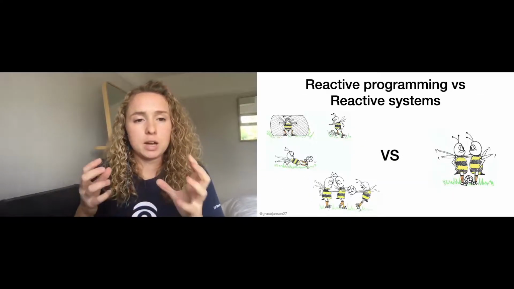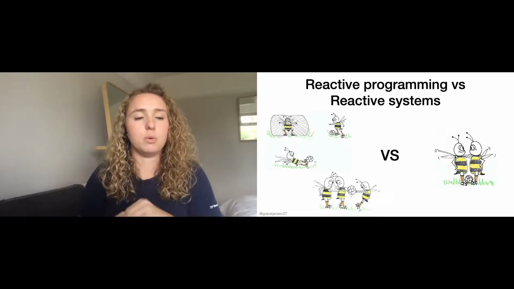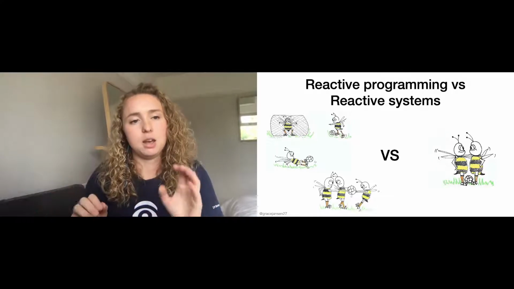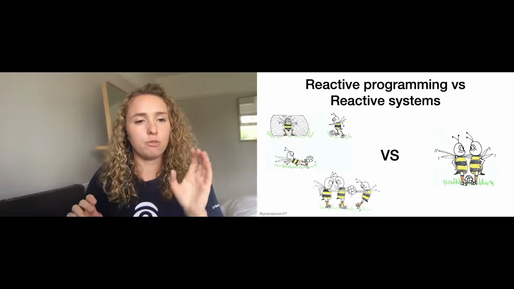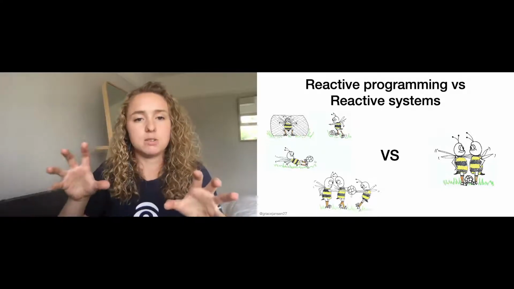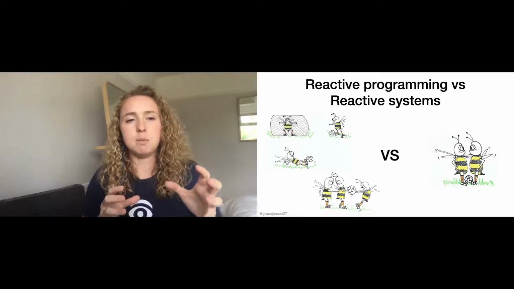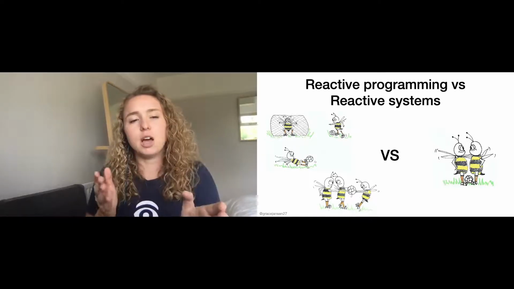But what about reactive systems? Where do these two meet and how do they work together? So let's take a look at our bees again. Now imagine you've got a team of footballers, and you've got two teams. One is the reactive programming team and one is the reactive systems team. The reactive programming team is essentially a team completely made up of Lionel Messi.